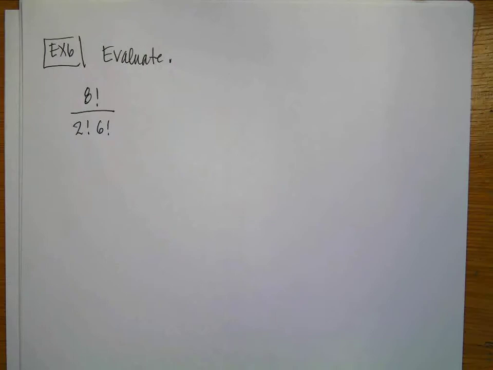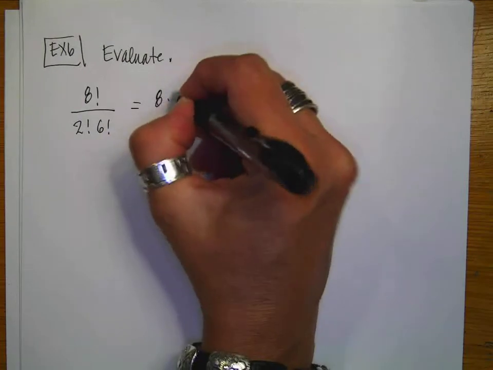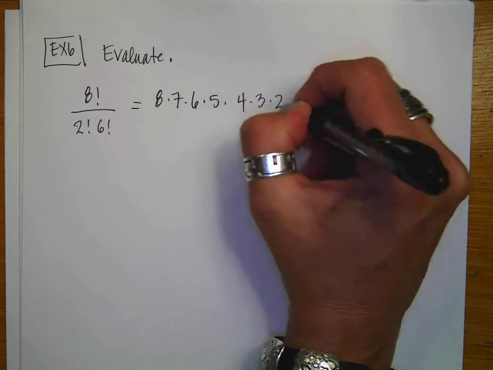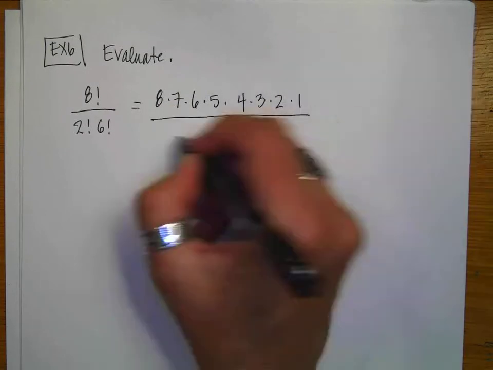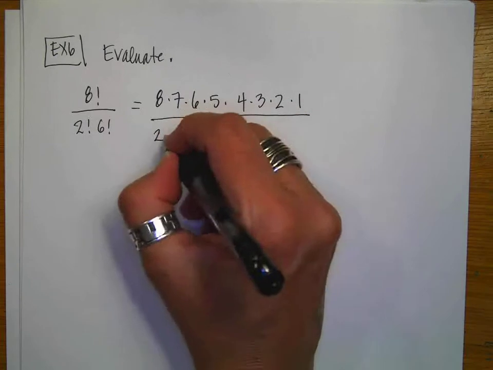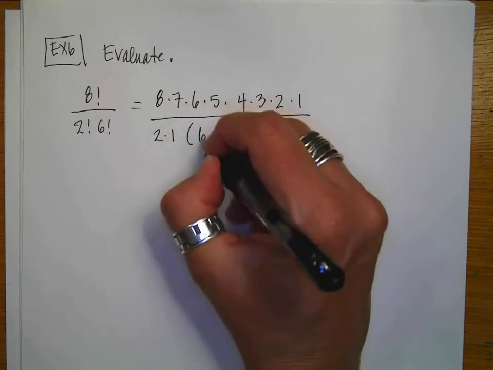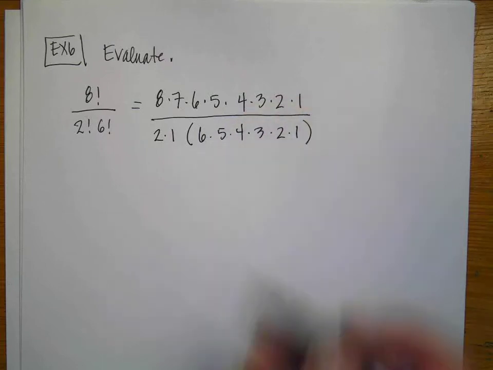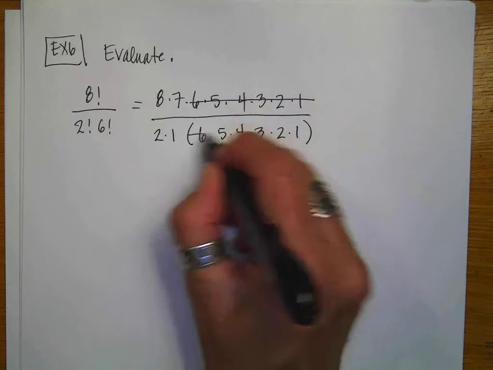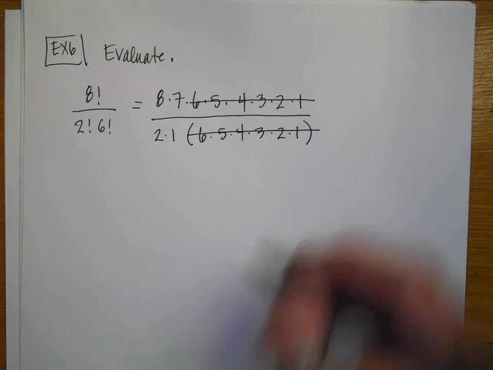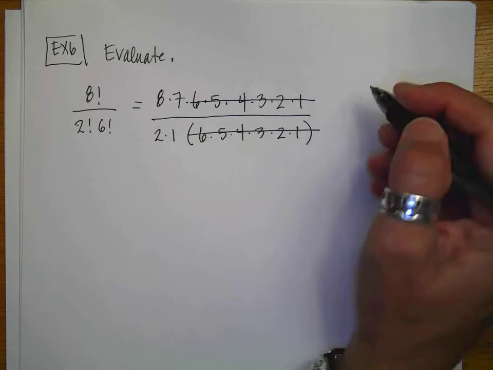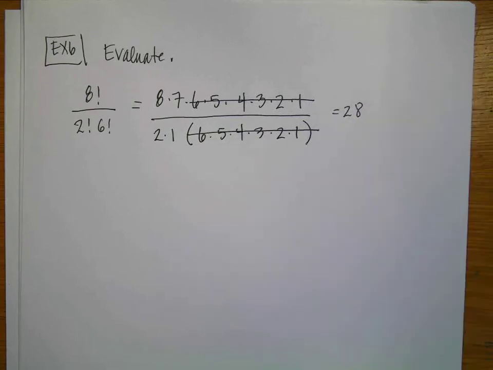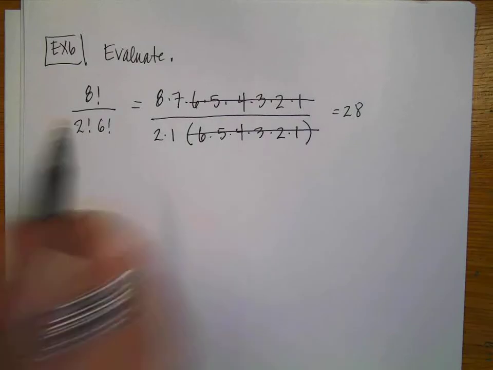So if I have 8 factorial over 2 factorial times 6 factorial, the numerator would be 8 times 7 times 6 times 5 times 4 times 3 times 2 times 1. 2 factorial, and I'm going to put it here, is 2 times 1. 6 factorial is 6, 5, 4, 3, 2, and 1. Well, notice that all of those numbers cancel, which is really nice. So I just get 8 times 7 divided by 2, and I would get a 28.